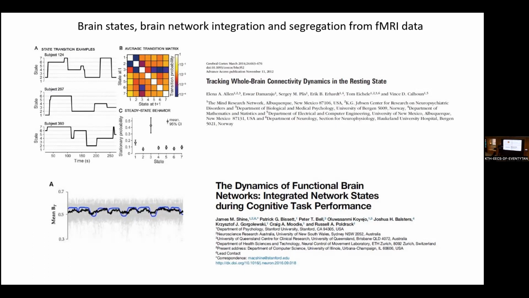And this was concluded by this sliding window approach I talked to you about before, and then basically doing k-means clustering into different states. And you see there is one state here. We have a transition matrix that shows you the probability of changing from one state to the next. And there is one state which has a high probability of staying in the same state. And here is also another paper showing that the brain toggles between being segregated and being integrated over time, back and forth, back and forth.